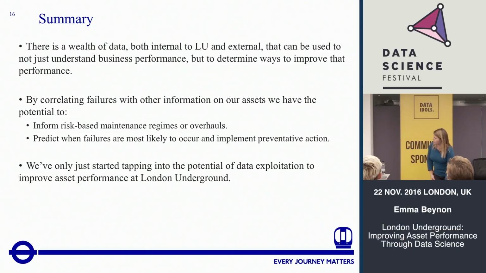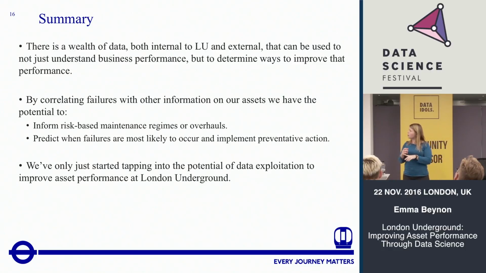So just to summarise what me and Ben have talked about. In London Underground, there is a huge amount of data, and there's also a lot of external data that we can possibly use. Hopefully we can use it to improve performance and understand it ultimately.